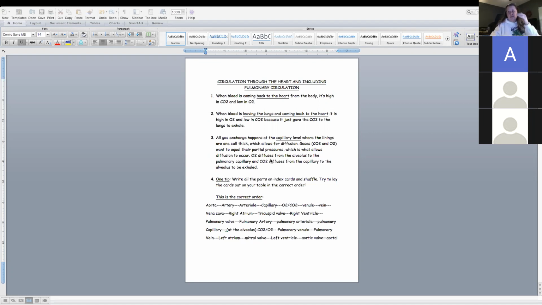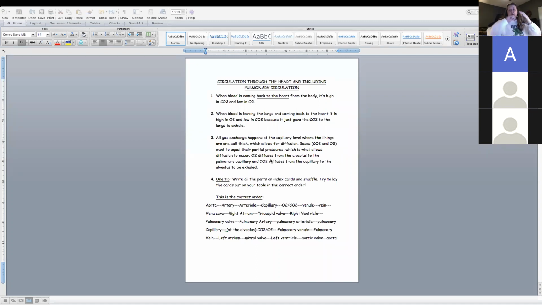So when they get to the lungs, at that alveolus, remember that during inhalation the alveolus is high in oxygen because the animal just took a breath. And the capillary underneath is high in CO2. By nature, things want to move from a high concentration to a low concentration, so they trade.